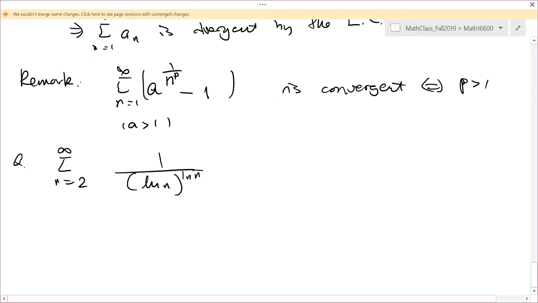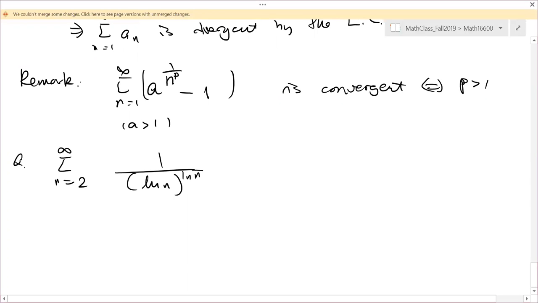It depends on how fast the denominator grows. If it grows fast enough, probably it's convergent. I don't know, because the natural log does not grow fast, but the power is big. The natural log of n grows much slower than n.